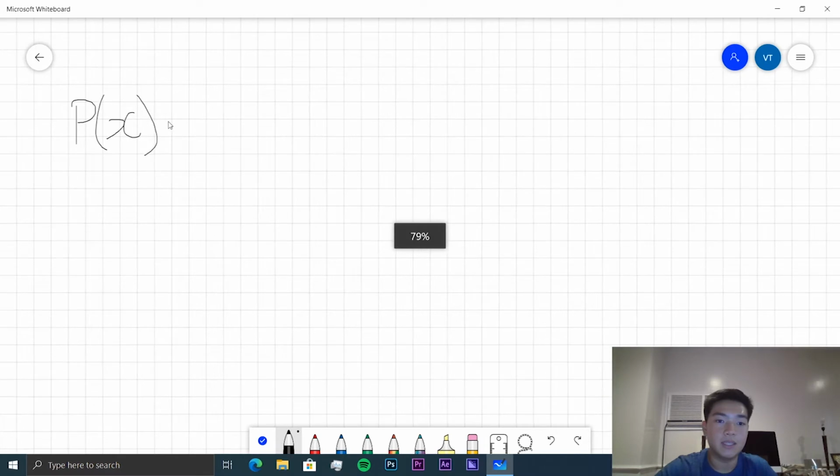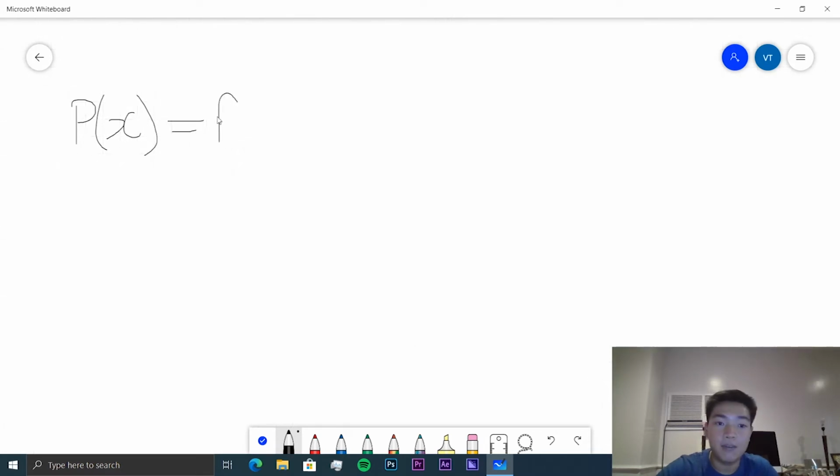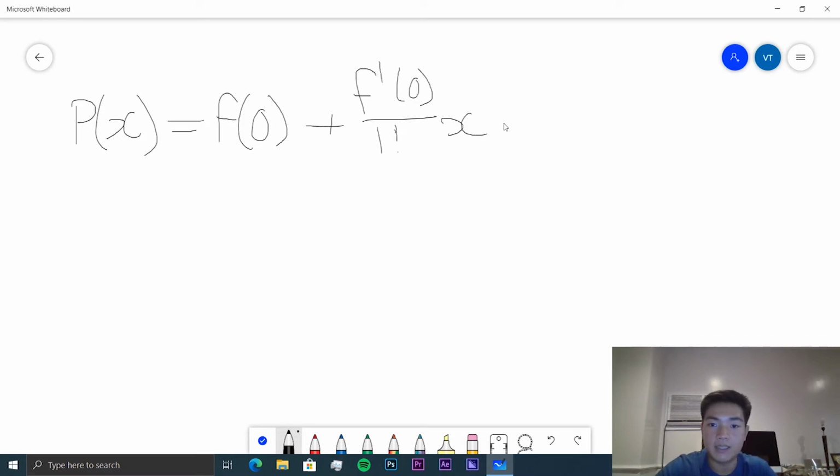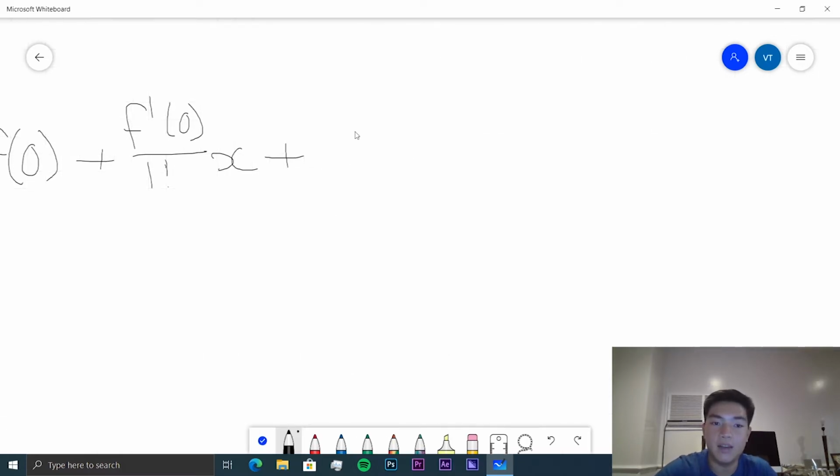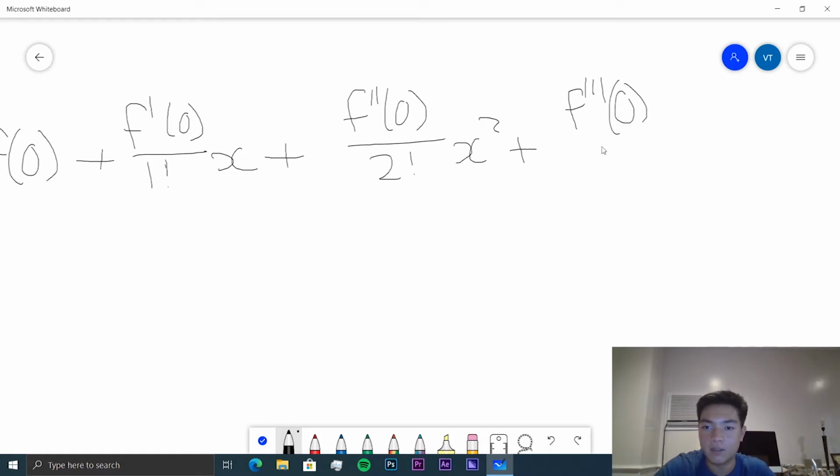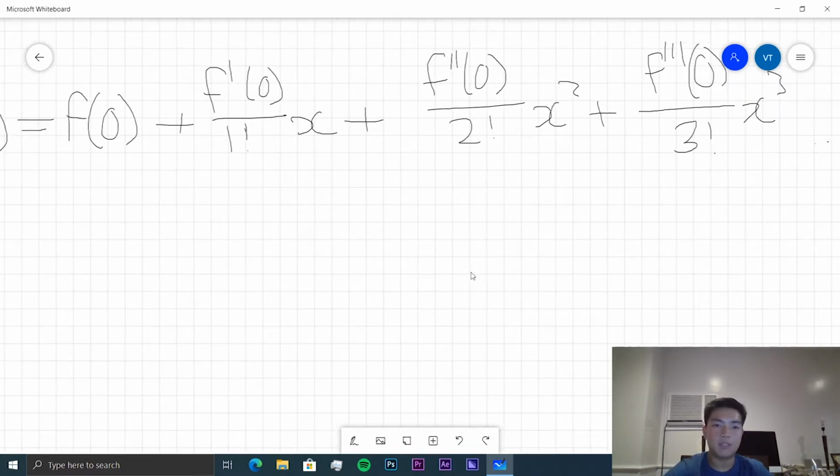We can approximate this as f of 0 plus f prime of 0 over 1 factorial times x plus f double prime, so the second derivative of f at 0 over 2 factorial times x squared, plus the third derivative at 0 over 3 factorial times x cubed, and so on, for how much we want to estimate it by.